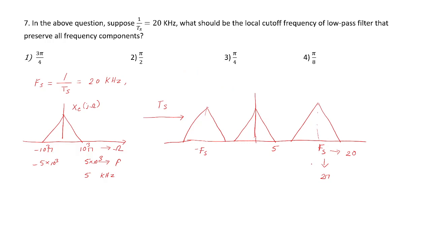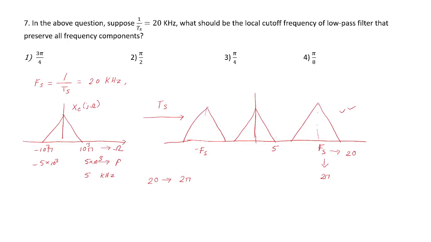Therefore, if 20 corresponds to 2 pi, and the maximum frequency component is 5, then 5 should correspond to pi by 2.